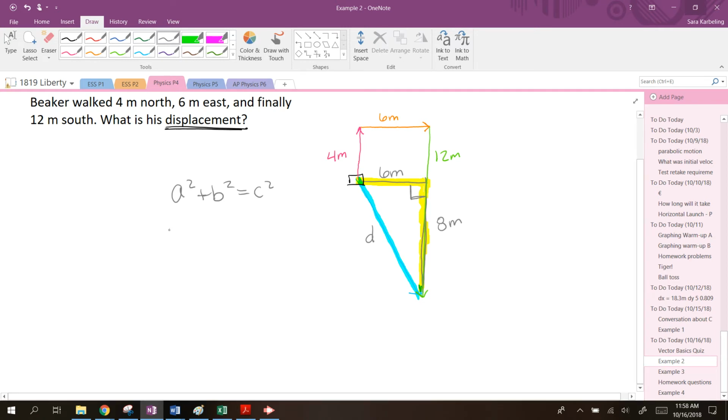A squared is 6, so 6 squared plus 8 squared equals the displacement squared. How do I get d all by itself? Right now it's squared. How do you undo squared? Square root, right? So I'm going to take the square root of both sides.